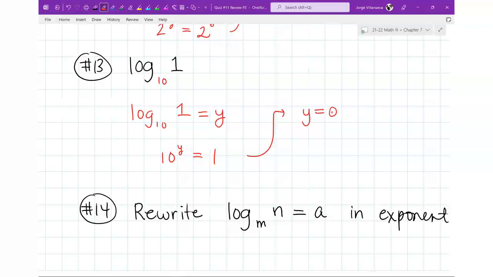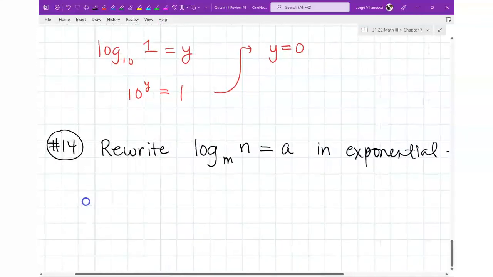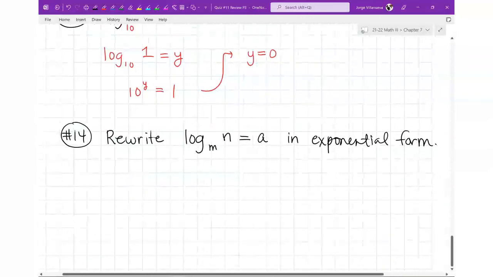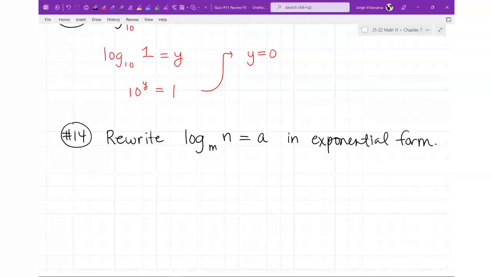So there you go. Last question, number 14. I'm going to let you guys do this one. Write it in exponential form: log base m of n is equal to a. Now you should be able to do this. It may look a little weird, but it's just letters.